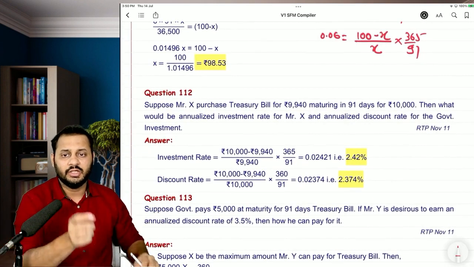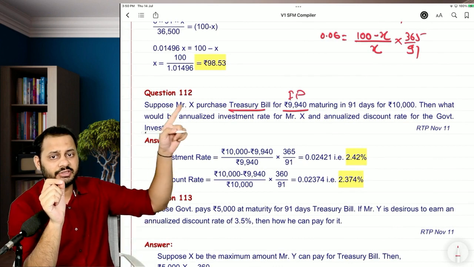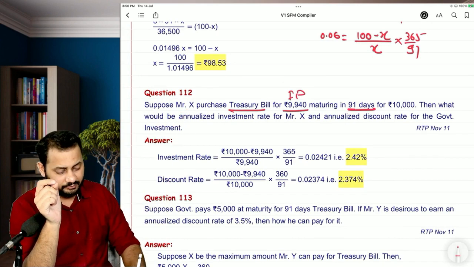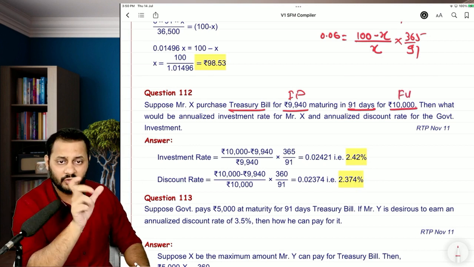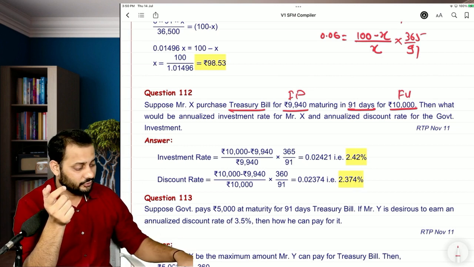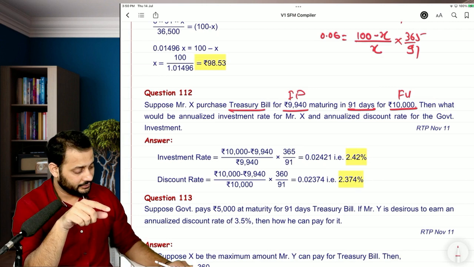Question number 112. Again, this is a question of treasury bill, and the issue price is already given to you, at which Mr. X has purchased this treasury bill. Okay, maturing in 91 days, same for 10,000. This is the face value. Now we can easily calculate the difference between the two, which is the return to the investor and the discount to the bank.